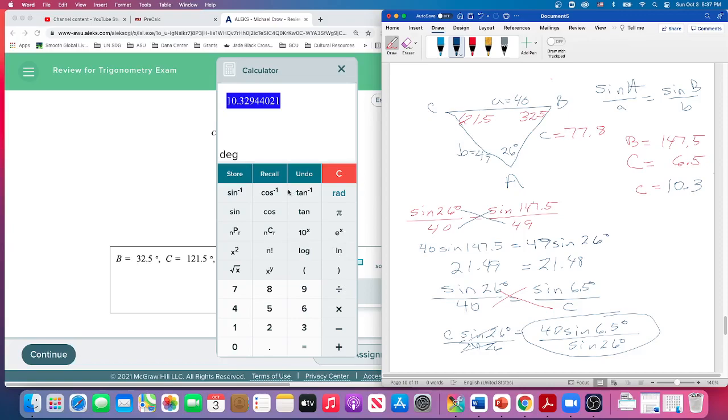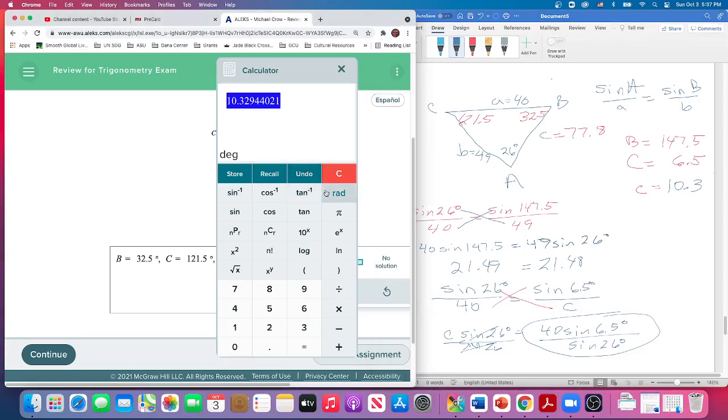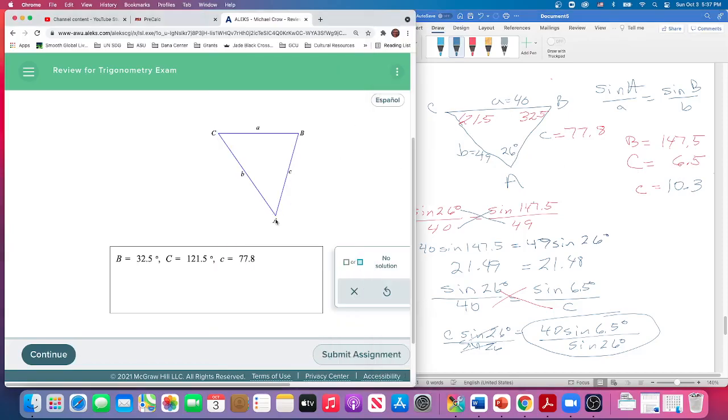So there is this other triangle, and it would work. And that makes sense. If C is a smaller angle, that would be the smaller side, B would be the largest side, and A would be the next. We did a check on that, and again, I will check these answers as well, 147.5.